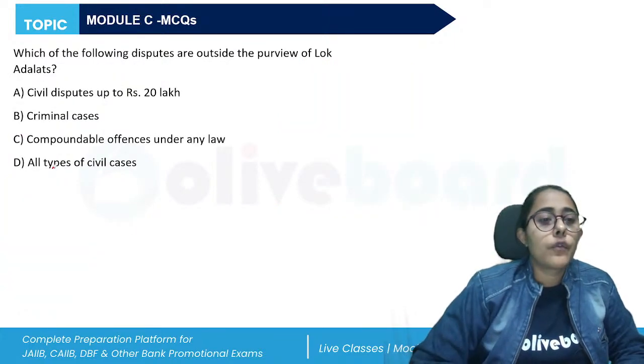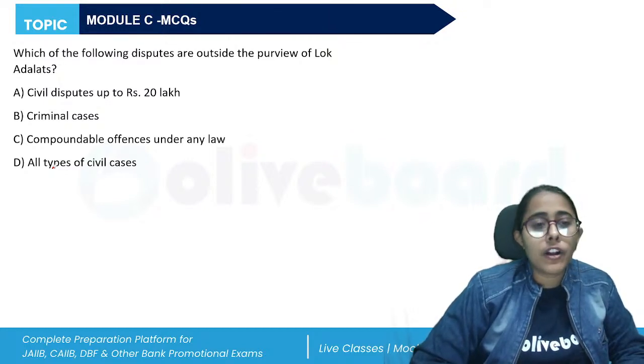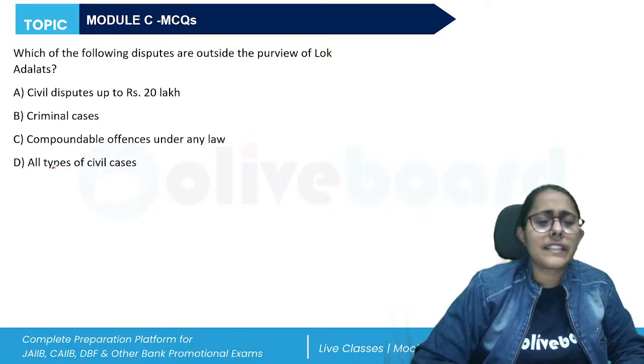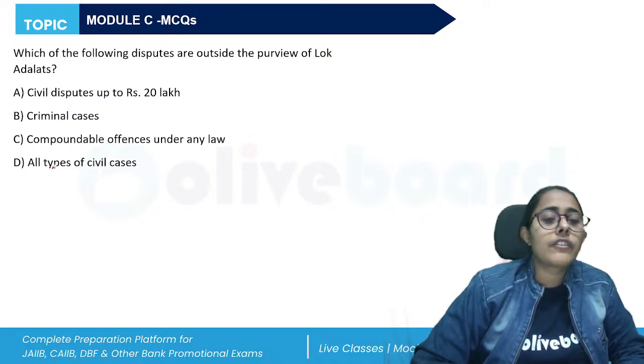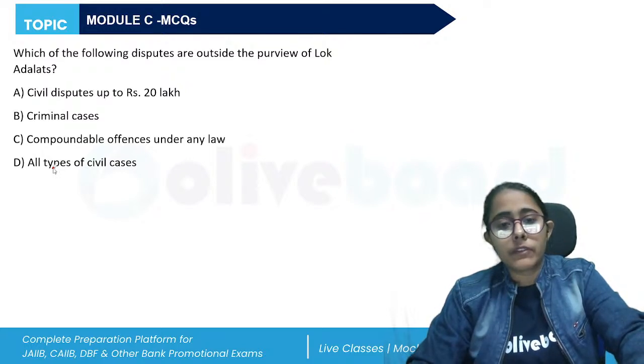Next, which of the following disputes are outside the purview of the Lok Adalat? Lok Adalat is another method of dispute resolution, for debt recovery we can say, for various cases. So which of the following cannot be presided over by the Lok Adalats? Civil disputes up to rupees 20 lakhs, criminal cases, compoundable offences under any law, or all of the above.